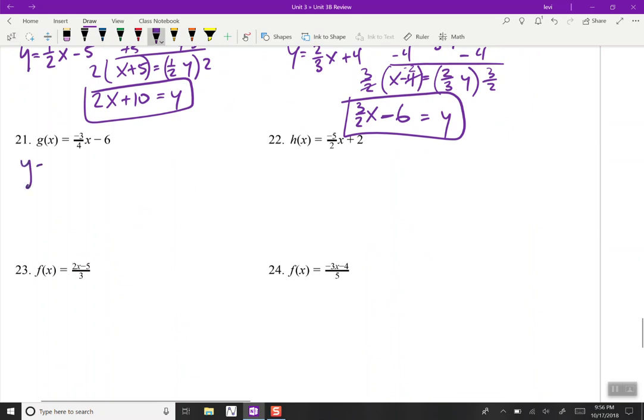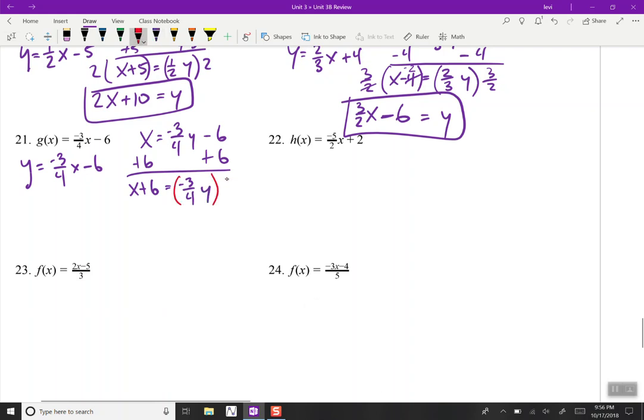Next, y equals -3/4 x minus 6, so that's x equals -3/4 y minus 6. We'll add 6, x plus 6 equals -3/4 y. What's going to undo that?